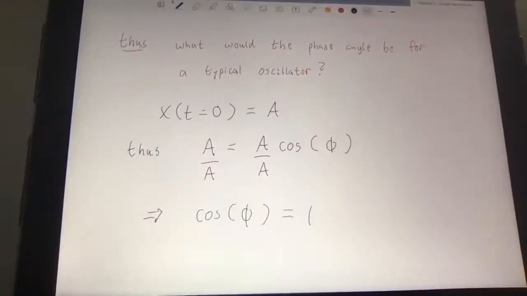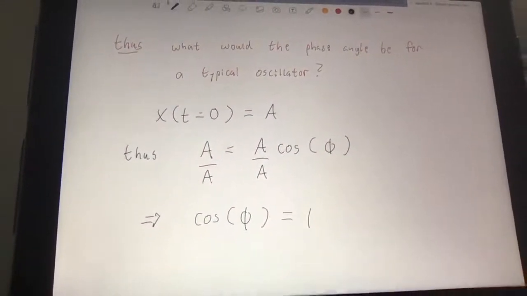So then we just solve for phi. To do that, we divide both sides by A, which means they both just become 1. So then we'd have cosine of phi equals 1, right? And then we're just going to solve for phi. So phi would be cosine inverse of 1.